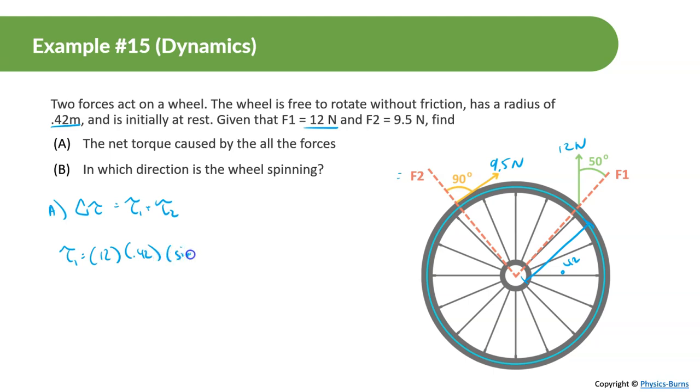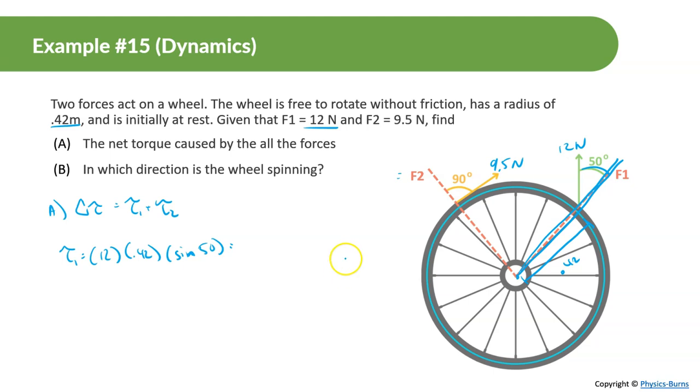And the angle it's going to make, this angle kind of gives it to us already, that's going to be 50 degrees, okay? This is the axis of rotation from the middle point right there, okay? And that's 50 degrees. And let's see what we get. 12 times 0.42 times sine of 50.